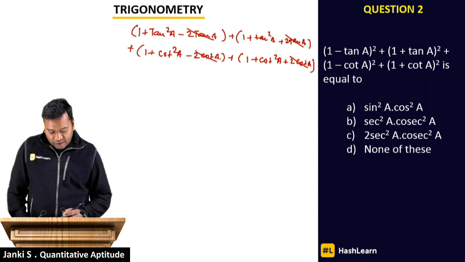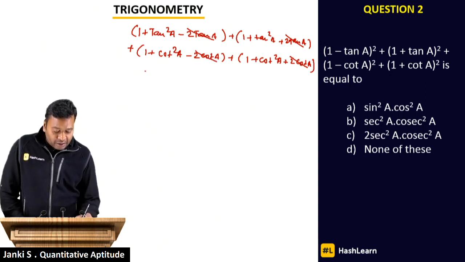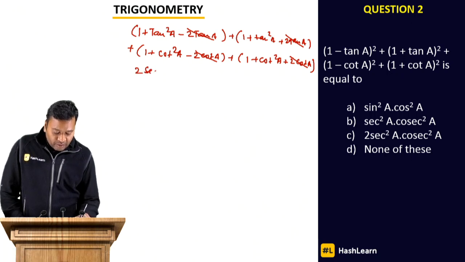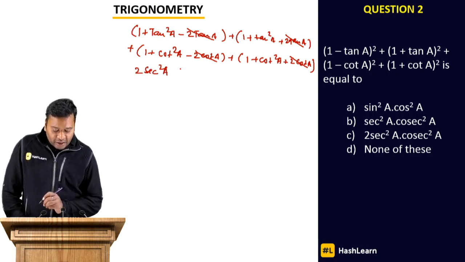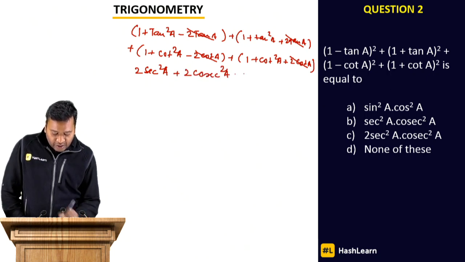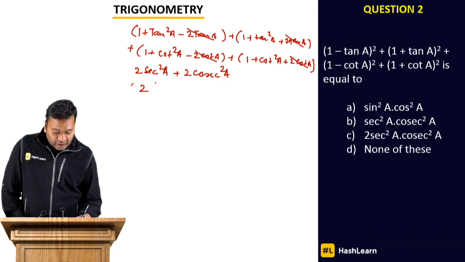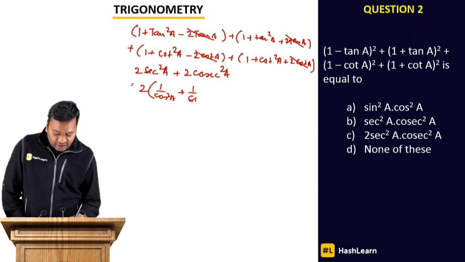So twice of 1 plus tan square a, and 1 plus tan square a is how much? Twice of sec square a, plus this is twice of cosec square a, right? I can take 2 common from this, but my values are in terms of multiplication. So I can write the value as 1 by cos square a plus 1 by sin square a is my value.